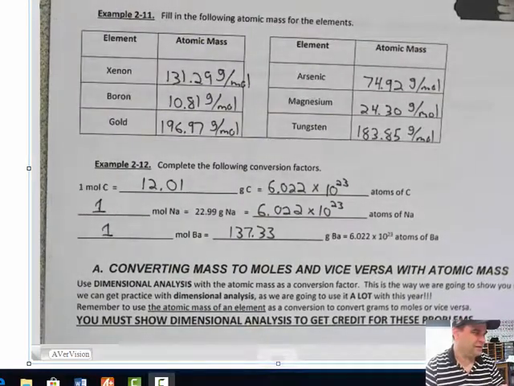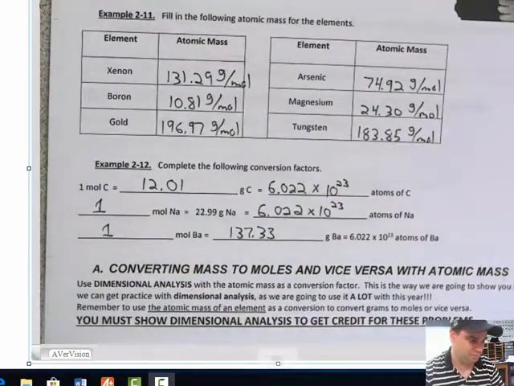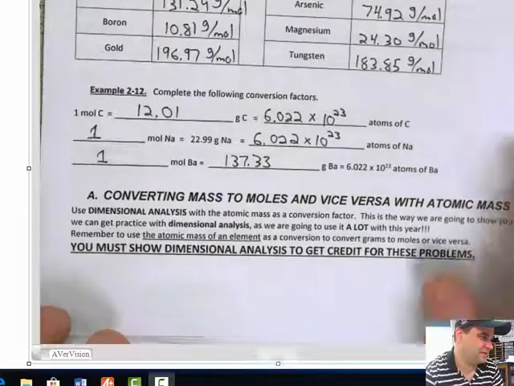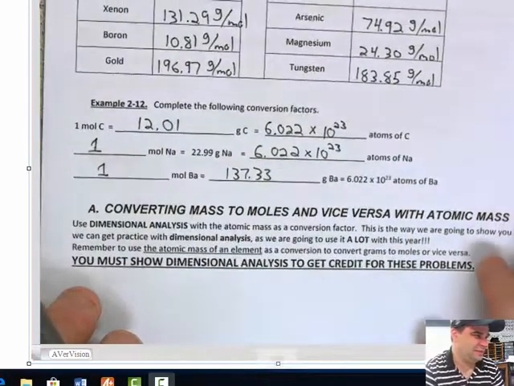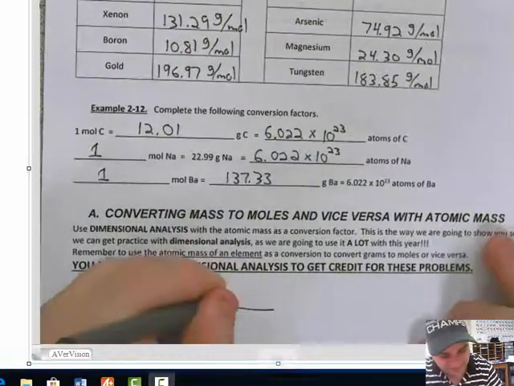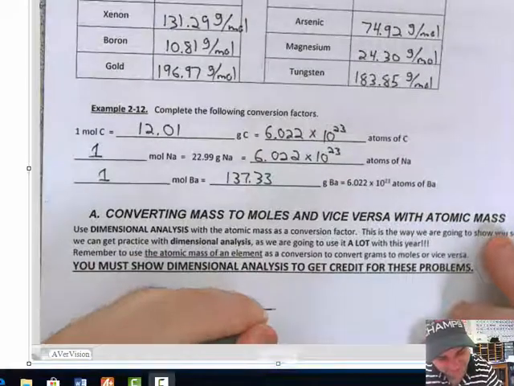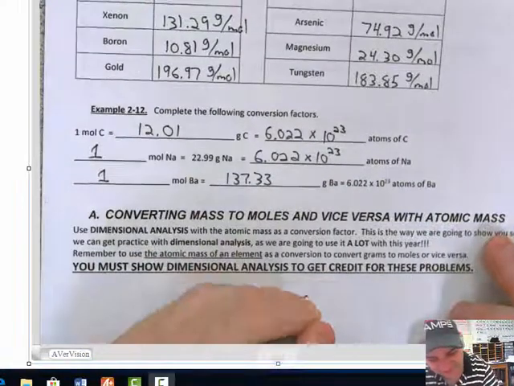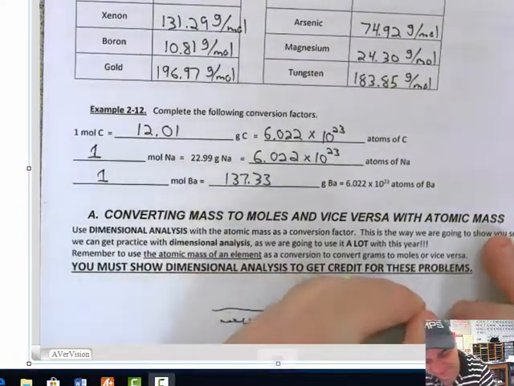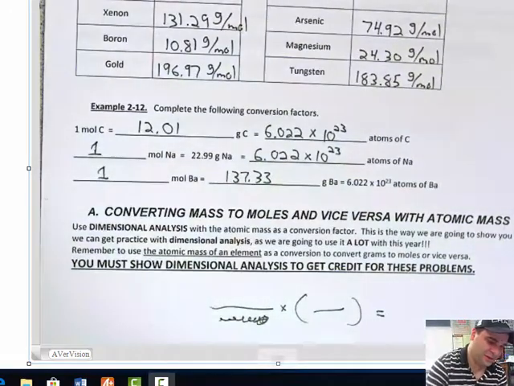Converting mass to moles and vice versa with atomic mass. This goes back to dimensional analysis. Remember, for dimensional analysis, we had the number up here, we had the scribble up here, we had this times this over this equals that. So we're going to have to do dimensional analysis to figure out these problems.